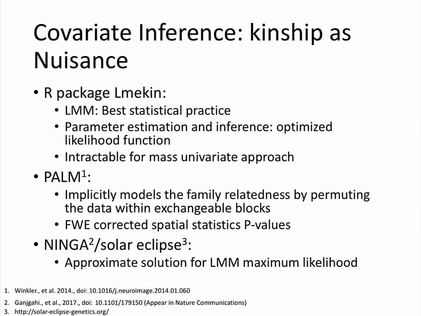The second package that we are comparing is PALM, which implicitly models the family relatedness by permuting the subjects within exchangeable blocks and can give you FWE-corrected p-values. The last package is our recent work that we call Ninja, and the method is implemented in SOLAR-Eclipse. It provides an approximate solution for the mixed effect model maximum likelihood solution.